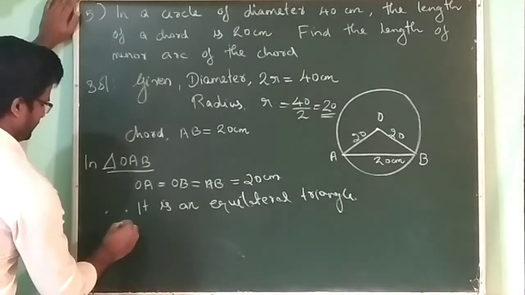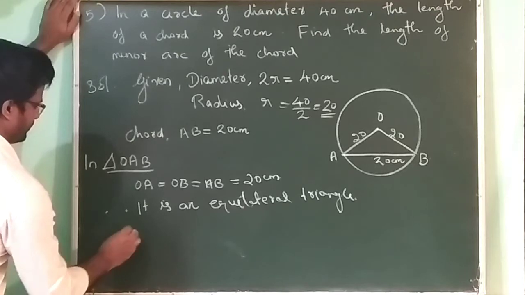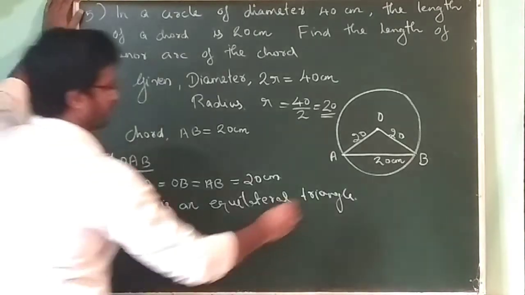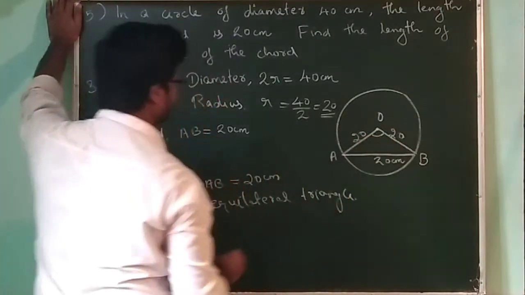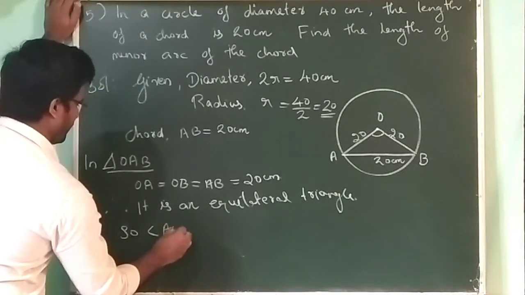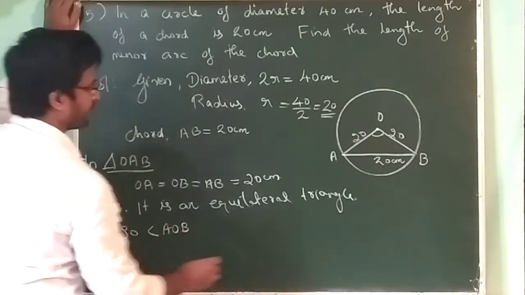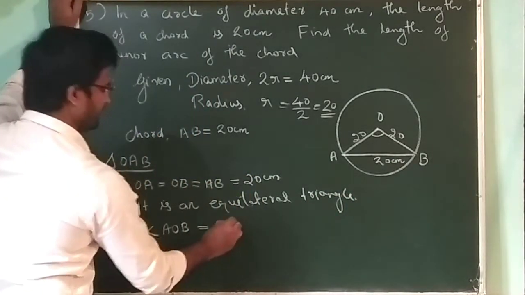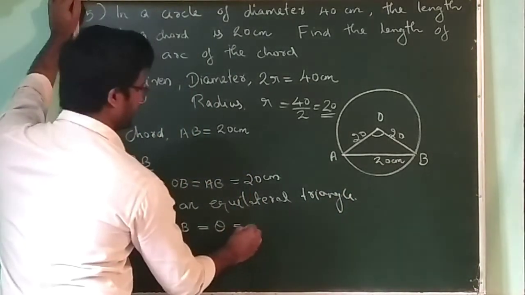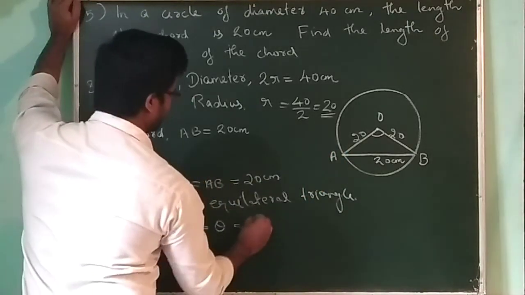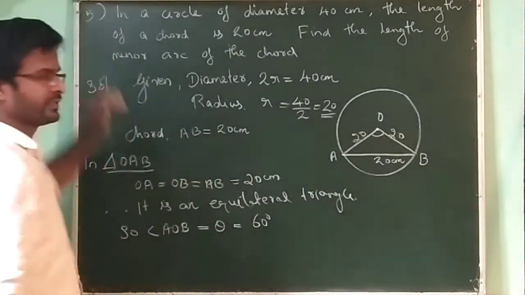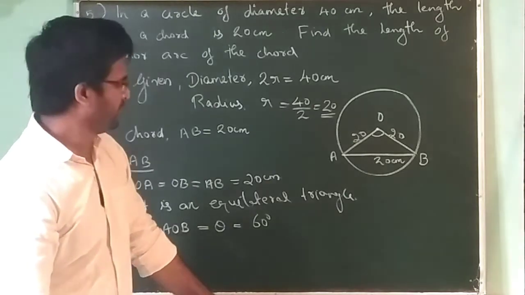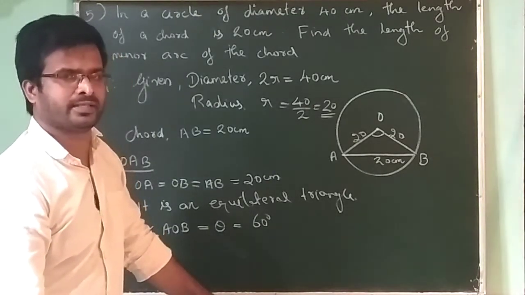Then this angle, that is angle AOB. I am just taking that as theta. Theta equal to how much? 60 degree. Why 60 degree? In an equilateral triangle, all angles are equal.